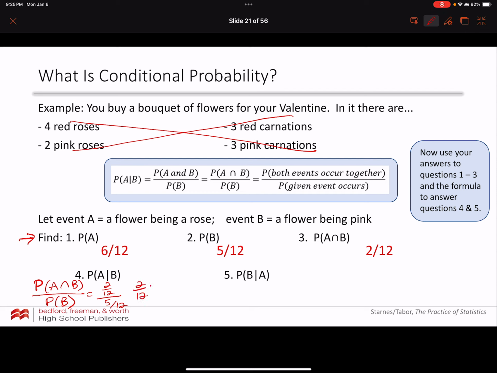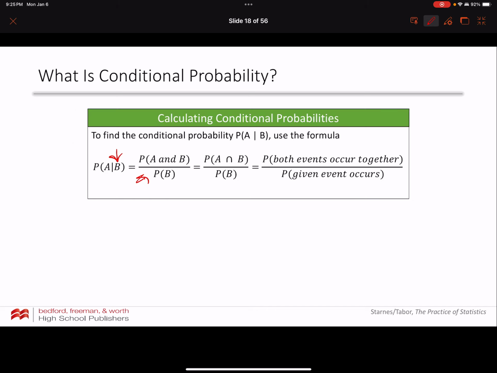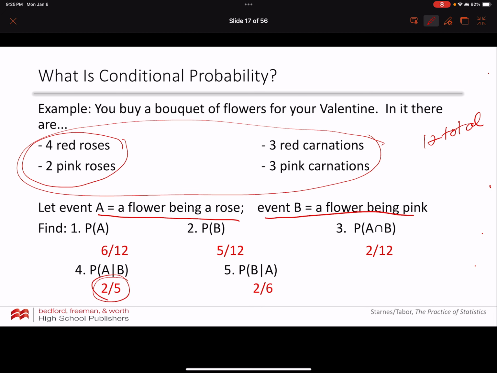When I divide, I can multiply by the reciprocal, right? That's 2/5. And if I go back 2 pages, remember, we got 2/5 to begin with from our sample space.